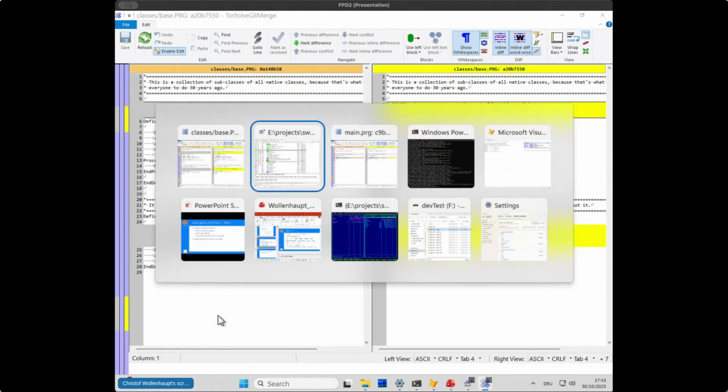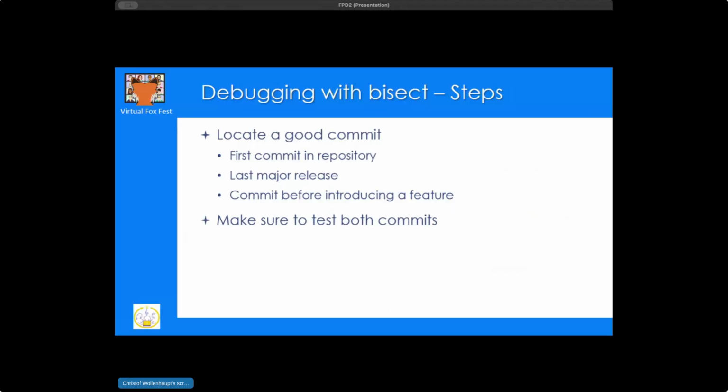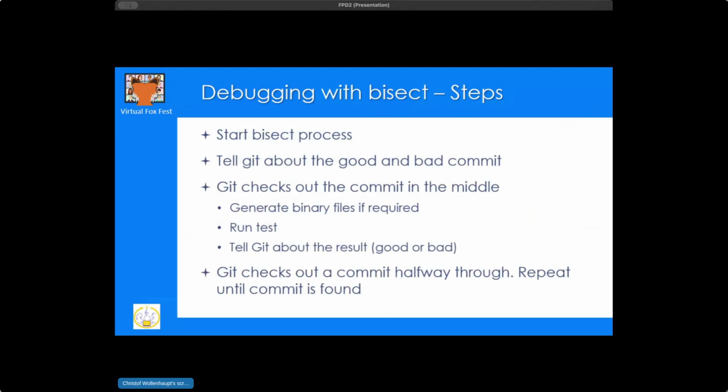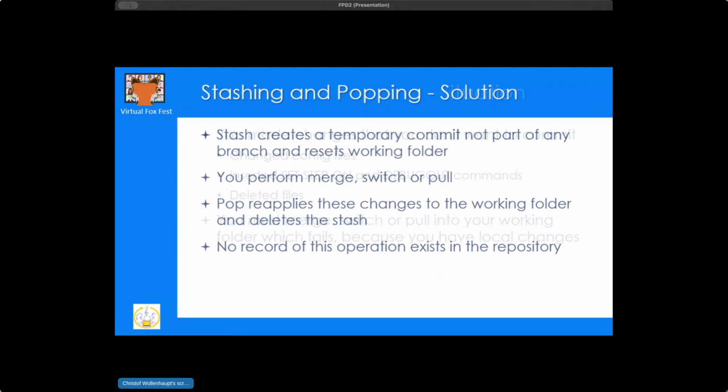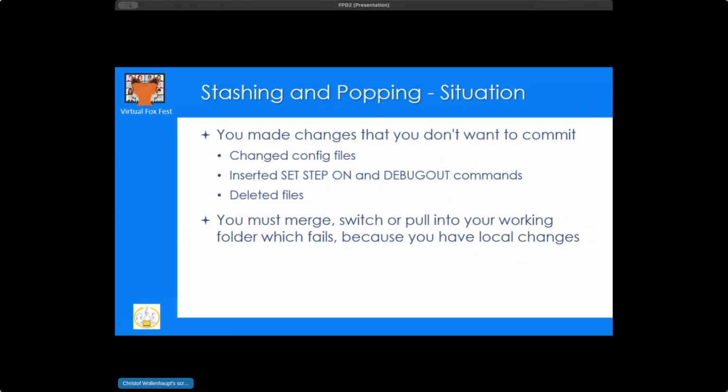Well, we are kind of running out of time, so let's go through the final things very quickly. Stashing and popping. Whenever you have made changes and you need to merge, switch, or do anything that changes your working folder, those files that you have modified might be in the way, and you can either commit them so they become part of the repository, but sometimes the changes you do is like adding debug code, changing a config file, deleting files just for testing.